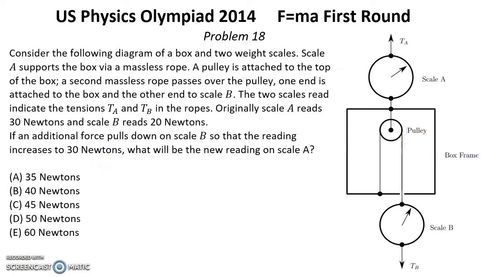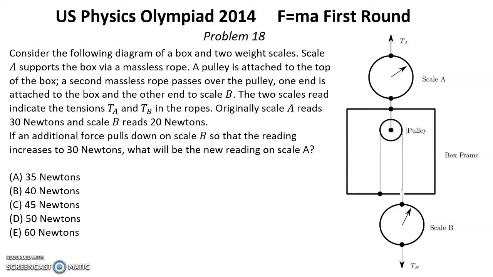Problem number 18. Consider the following diagram of a box and the two weight scales. Scale A supports the box via a massless rope. A pulley is attached to the top of the box. A second massless rope passes over the pulley.